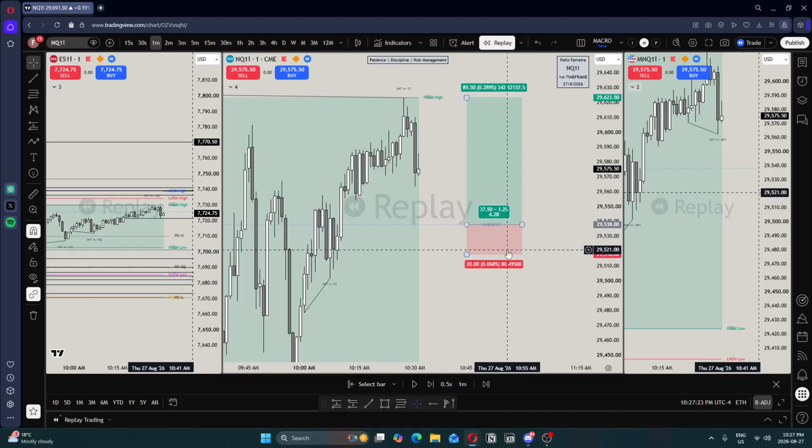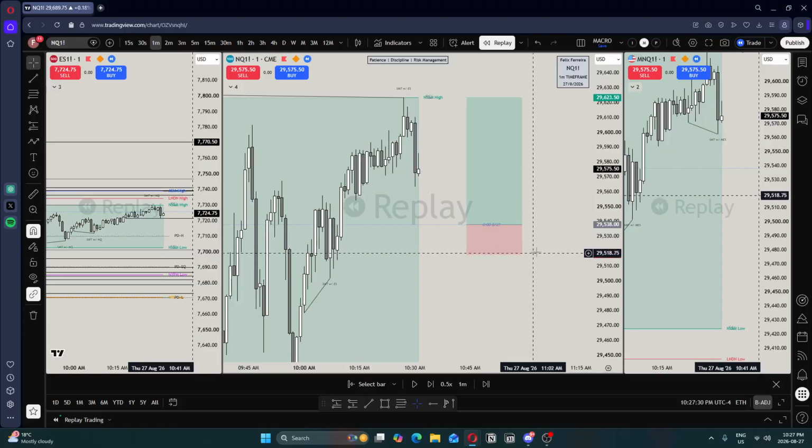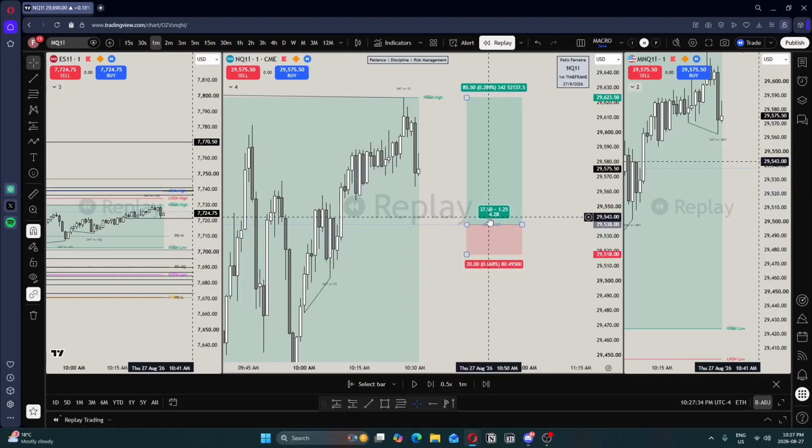This stop loss here is 20 points. Using the example of 1 mini, that means that I will lose $400 on this trade if it works down to this point. The risk to reward is 4.28, and I'm targeting 85.5 points for the high here.